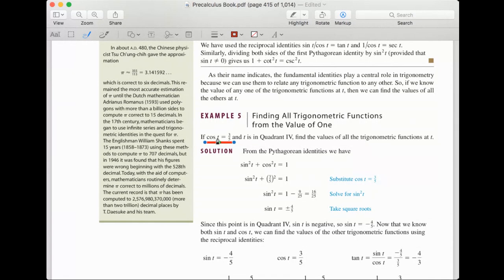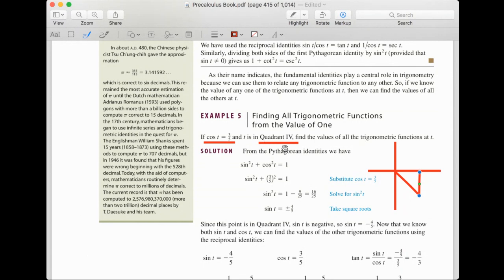So t is an angle, and we're given the quadrant. This is in the fourth quadrant. So let's look at the picture and think about this triangle.